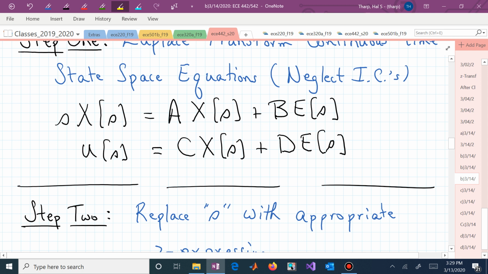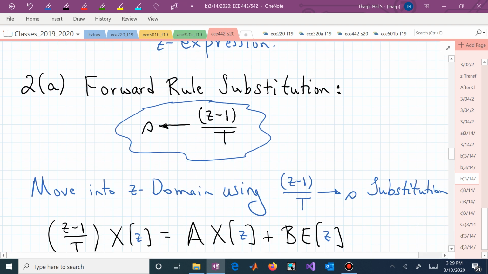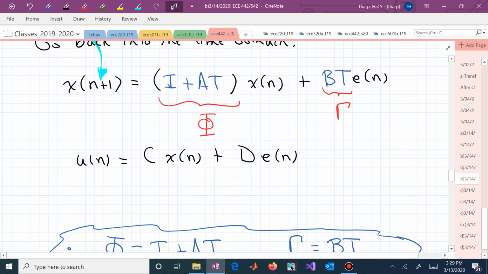It's a straight algebraic relationship between the input E, the state variable X, and the output U. That goes directly to the output setting, and so the C and the D don't change, but we can now say, if we needed the output matrix in our discrete equivalent, the H is simply the C matrix, and the J is the D matrix.